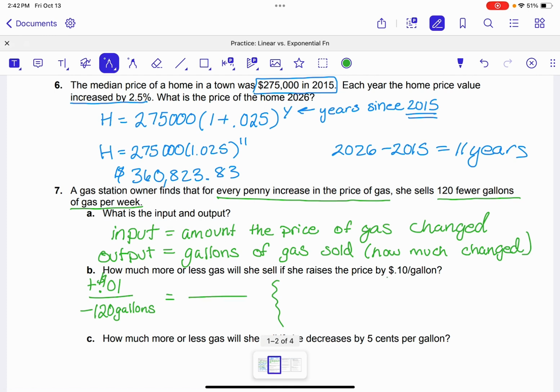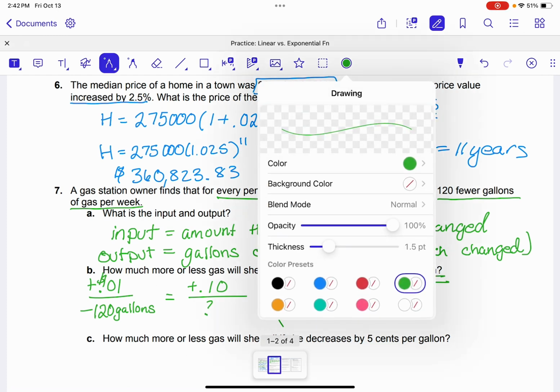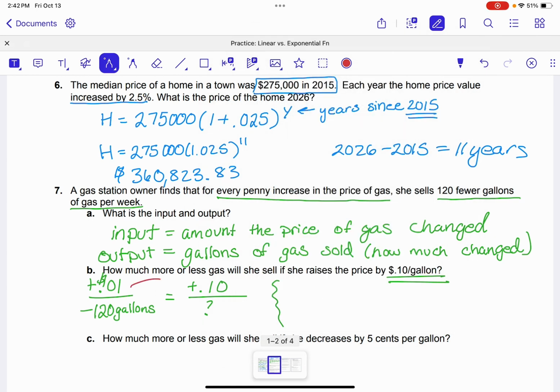So if she raises the price by 10 cents, how much more or less gas would she sell? Well, this is 10 times. Basically, she raised it by a penny 10 times. So she would sell 10 times as much less gas as that rate. So that would end up being negative 1,200 fewer gallons of gas.